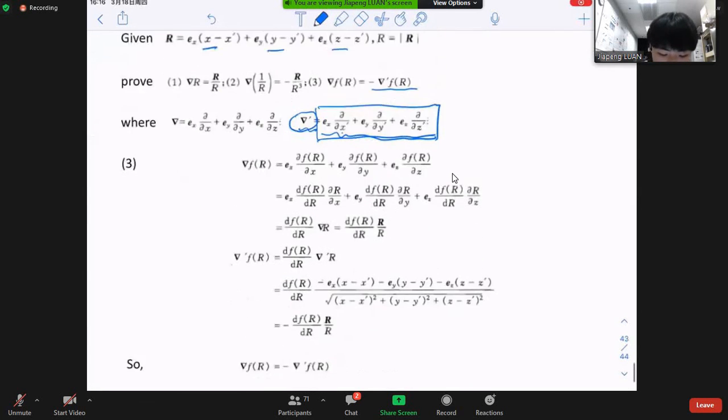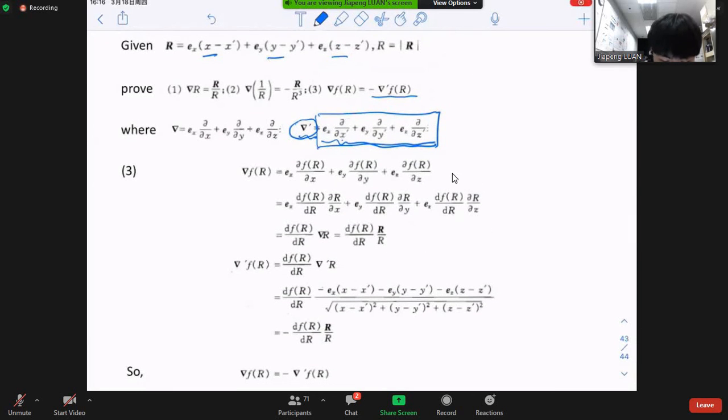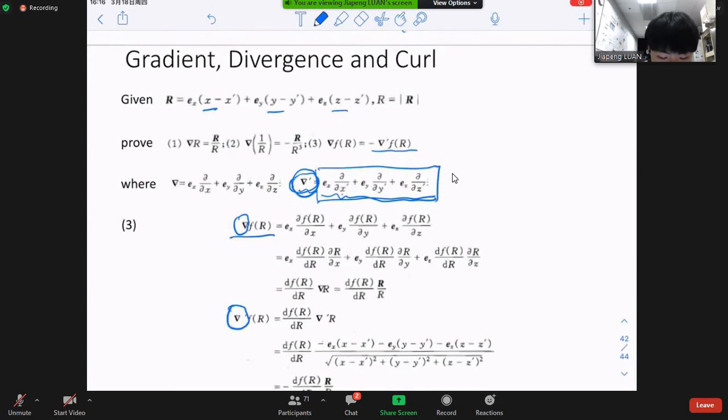So it doesn't matter. I think you don't need to know how to calculate this like this, because I don't think you may meet such kind of thing in your exam. The thing that I want you to memorize and notice is how to calculate if f is a function of r.